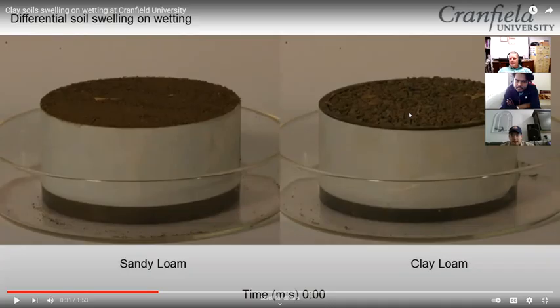And in this case, it has mostly to do with the type of clay in here. This has got way more clay and it's got a type of clay that shrinks and swells. And in here, we've got much less clay. So watch what happens. They're going to dump some water in here.